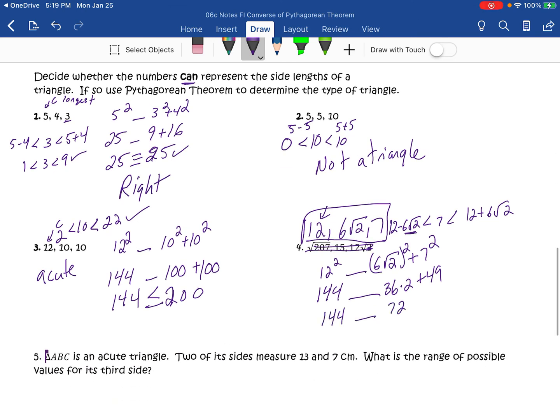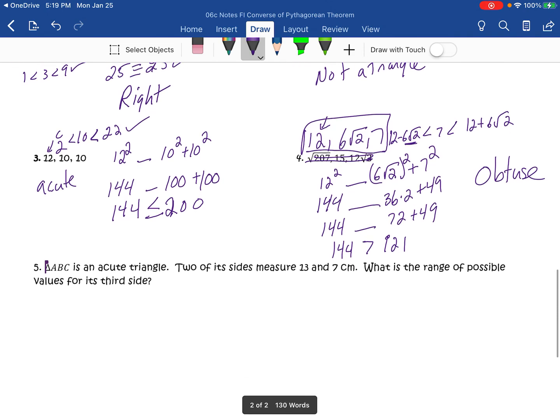We have 144, 72 plus 49. And that's going to be 121. And so 144 is greater than 121. So this must be obtuse for the new example.